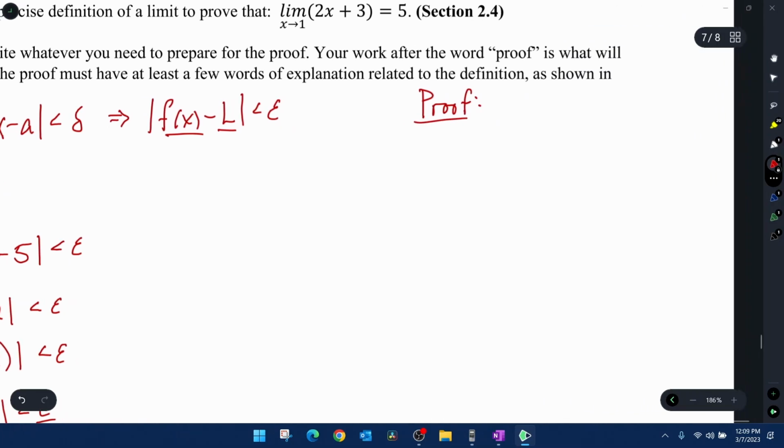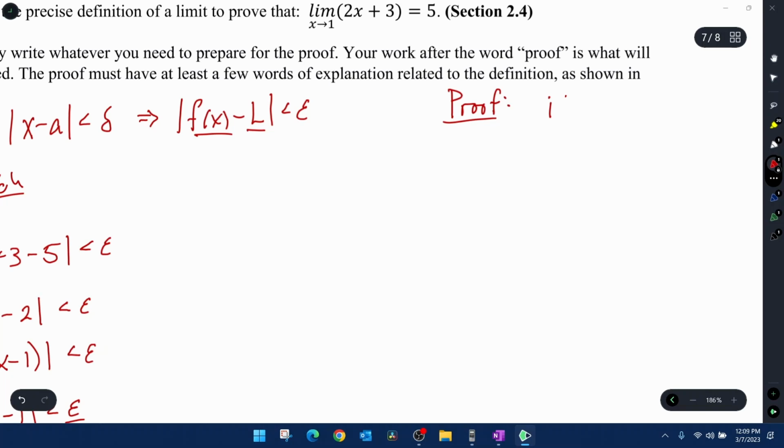Okay. If epsilon is greater than 0, epsilon has to be a positive value. We're going to let delta be what? Okay.